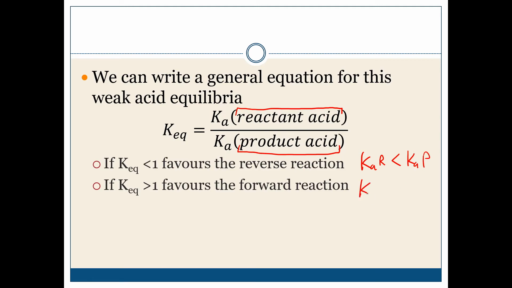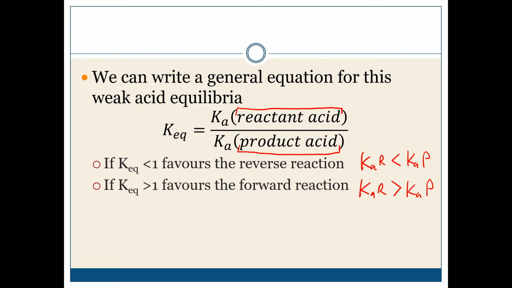And in the other case, the Ka of the reactant acid is greater than the Ka of the product acid. So now you can compare which acid is stronger and which is weaker, simply by knowing the Ka of each substance.